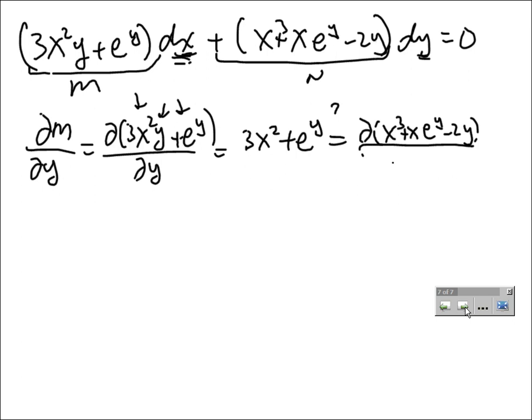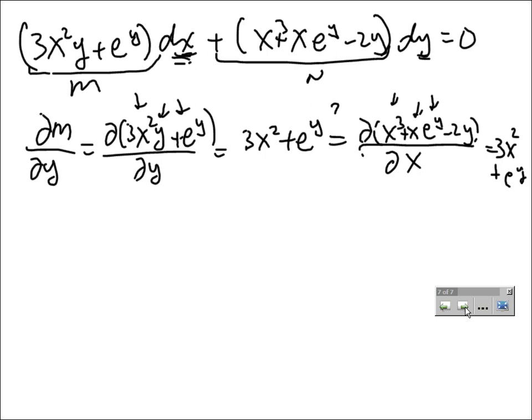When I take this with respect to x, well, the derivative of x cubed is, of course, 3x squared, plus x times a constant. The derivative is just a constant.